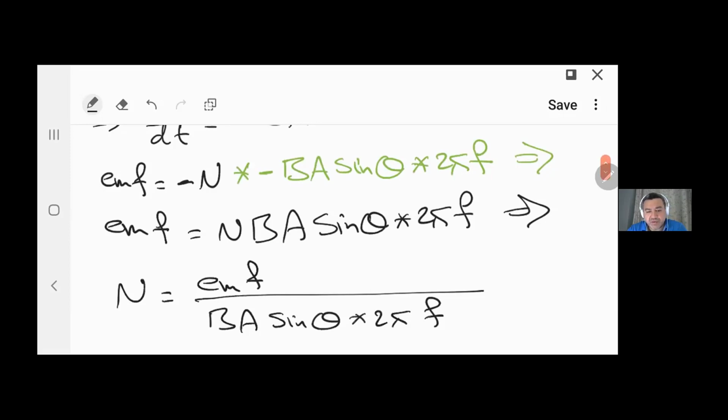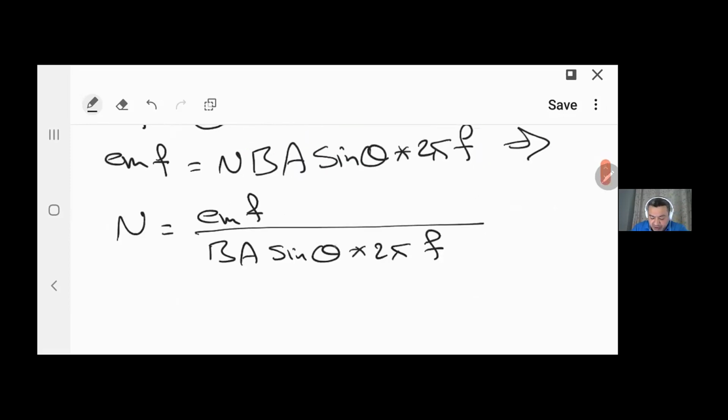Omega is the angular frequency. Yes, that's what we said. N has to go here because the electromotive force will be increased. Okay, so the best case scenario is when theta equals 90 degrees and this becomes 1.